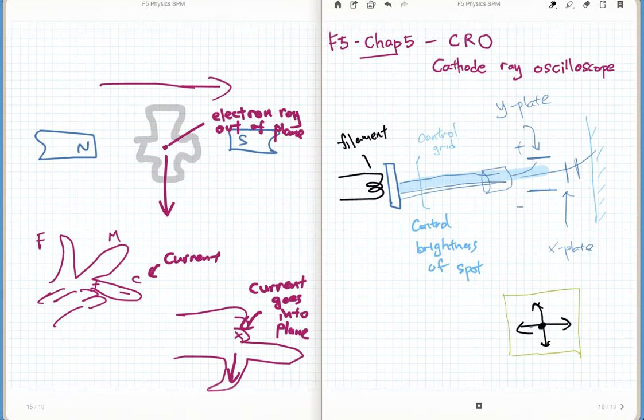The combination of both: this is caused by the X plate, this is caused by the Y plate. If X moves and Y also moves, what happens? You will get a sinusoidal wavefront.